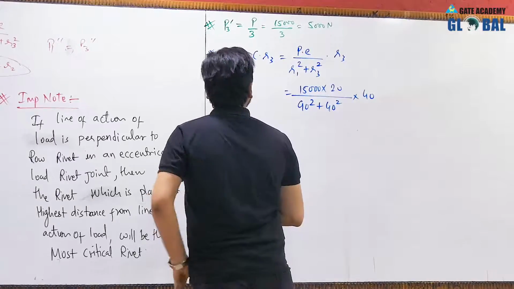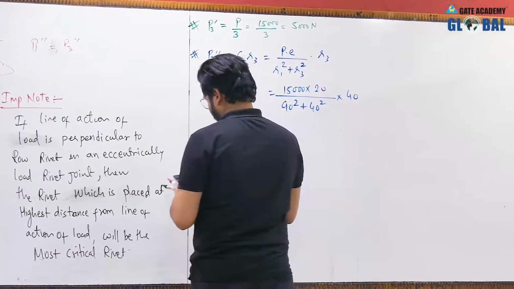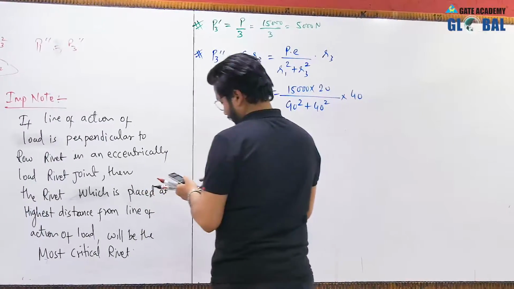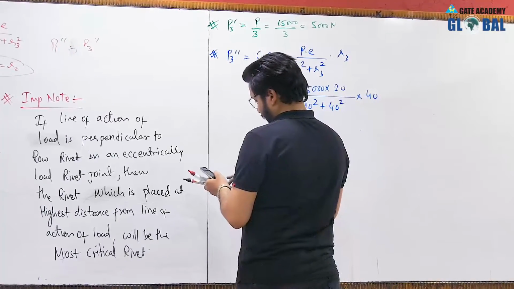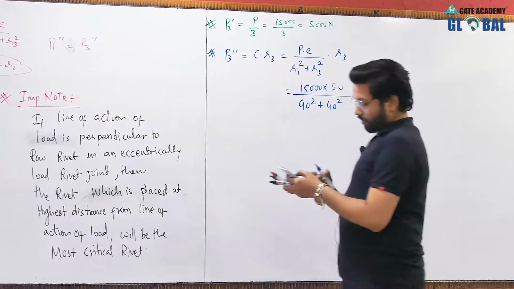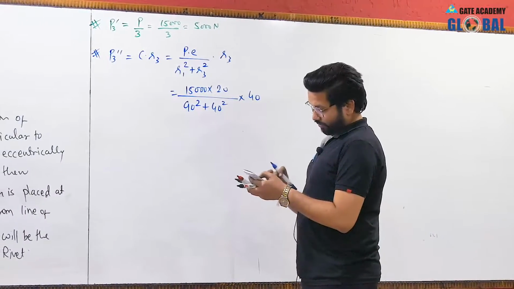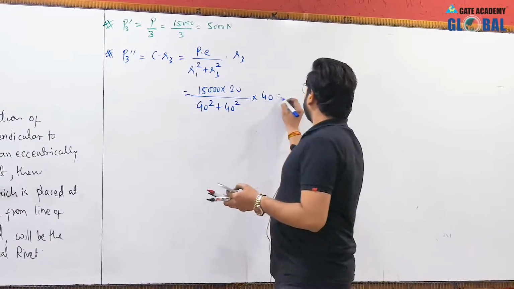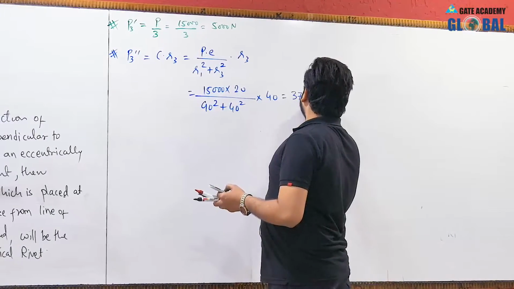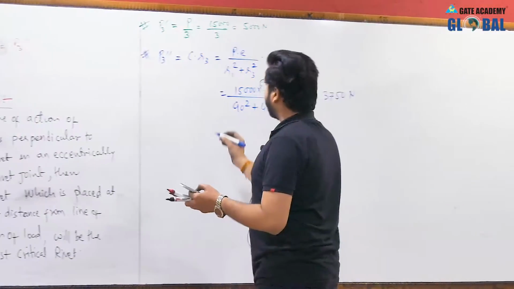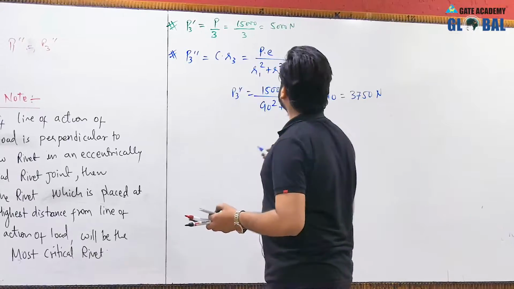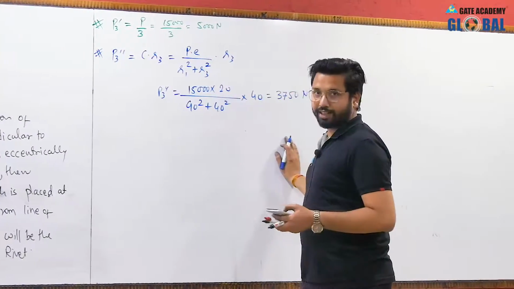So we have 15,000 into 20 divided by 40 square plus 40 square, into 40. So 3750 Newton will be the secondary shear force.